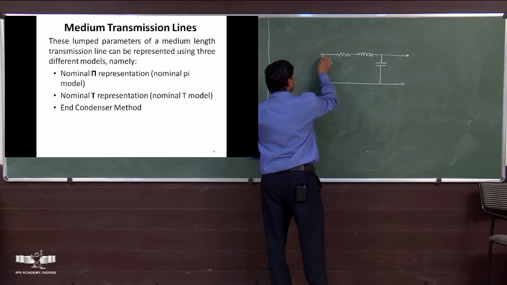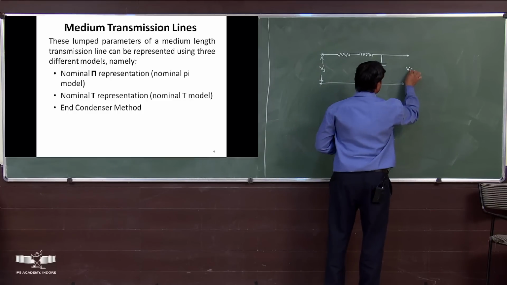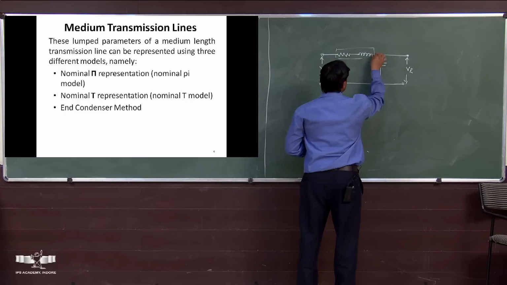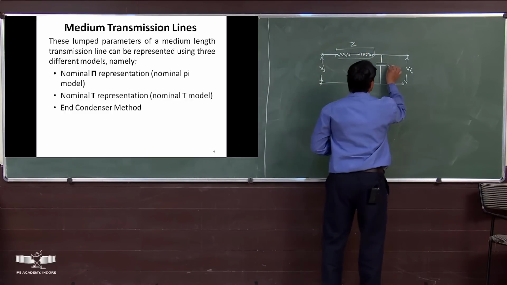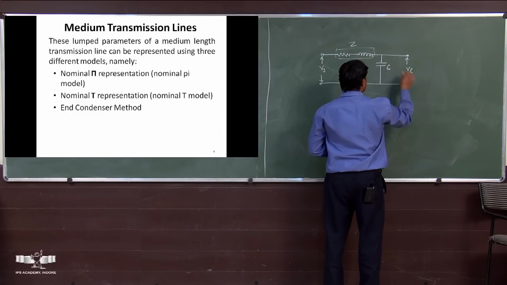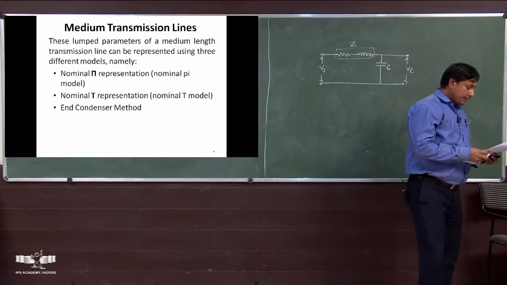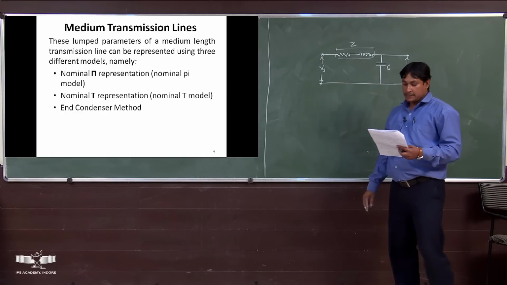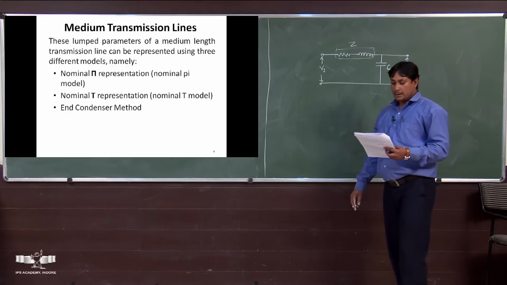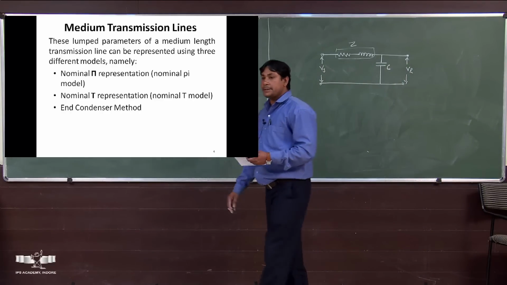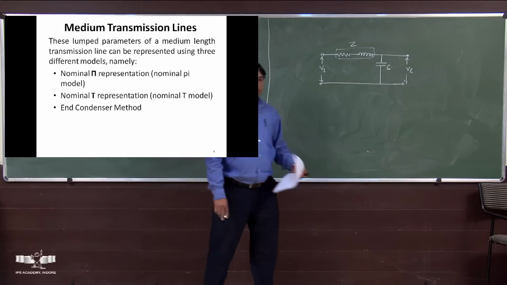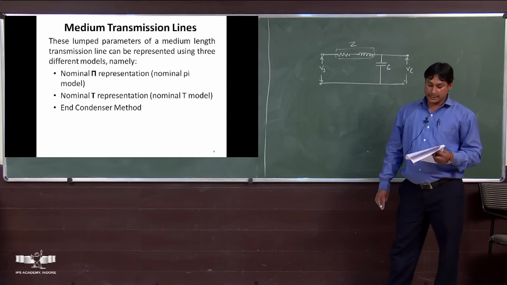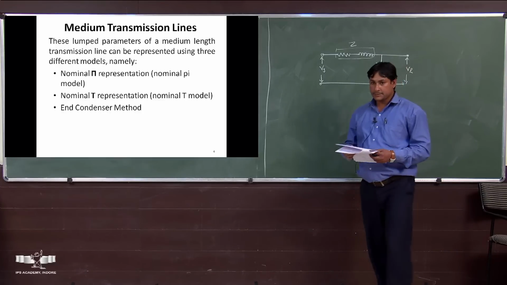Here are the sending end voltage, the receiving end voltage, the series impedance, and the shunt capacitance of the whole transmission line. The parameters are assumed to be lumped. The shunt capacitance is either assumed to be concentrated at the middle of the line, or half of the total capacitance is concentrated at each end of the line.